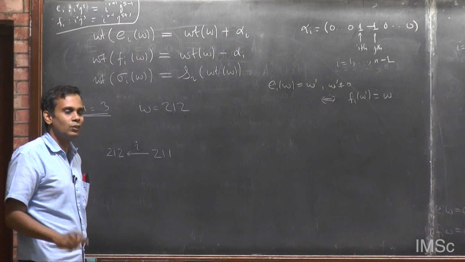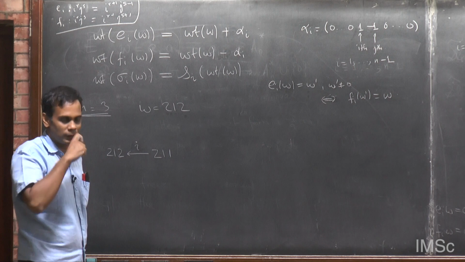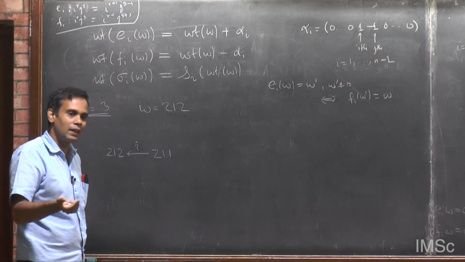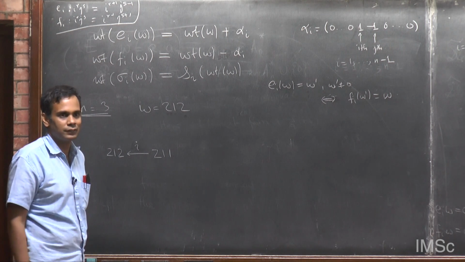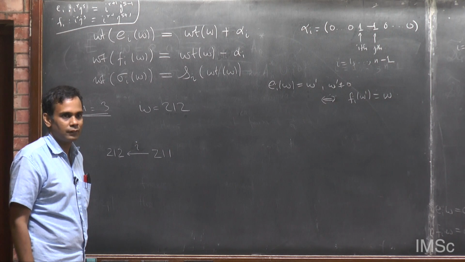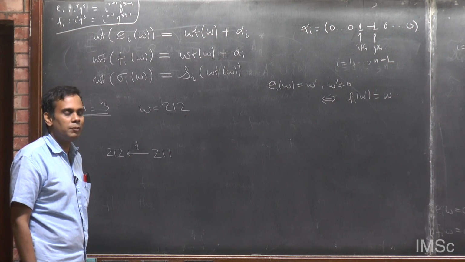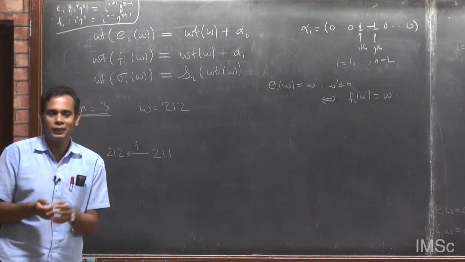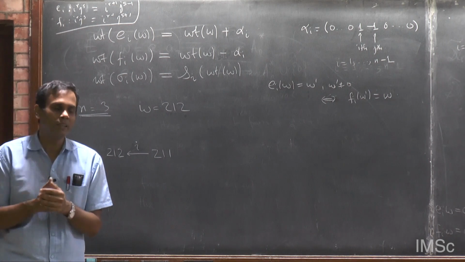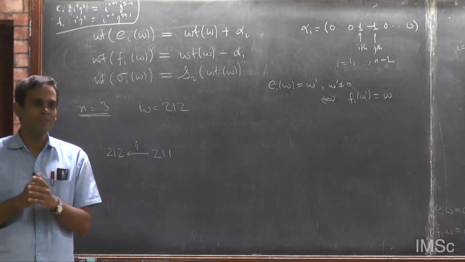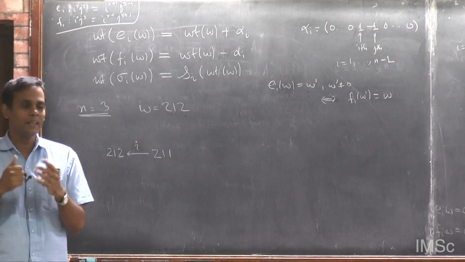It's the same graph with the arrows reversed. That is what I am trying to clarify. I am saying that it is better to think of E_i and F_i, in my humble opinion, as relations.